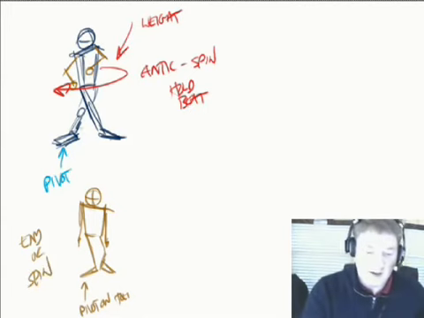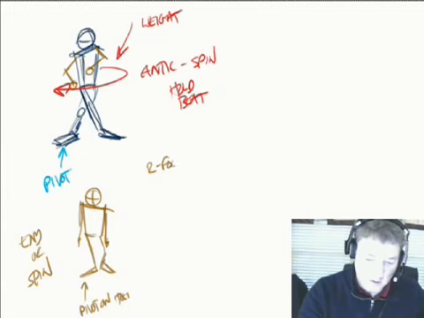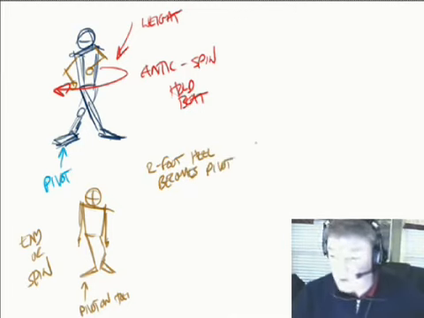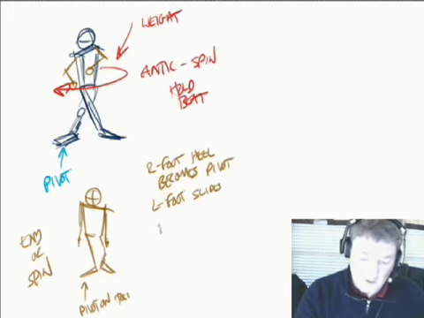So he starts pivoting on the left foot, and as he goes around, somewhere in the middle, the right foot heel becomes the pivot. I could spend a lot of time trying to draw that, but I'm not going to bother. I'm just going to make a note of it here. The right foot heel becomes a pivot, and then the left foot slides, and then the right foot toe becomes a pivot, and then the left foot glides out.